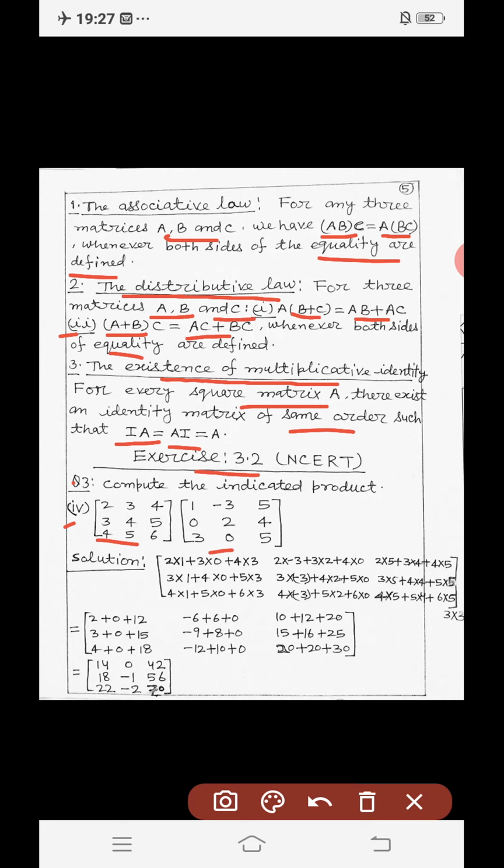We get the product, a matrix with the elements 14, 0, 42, 18, -1, 56, 22, -2, 70.